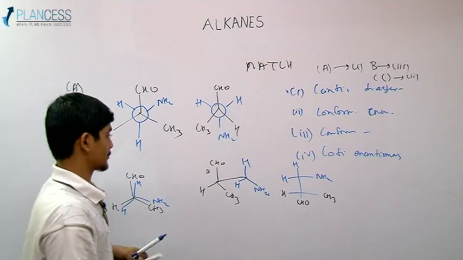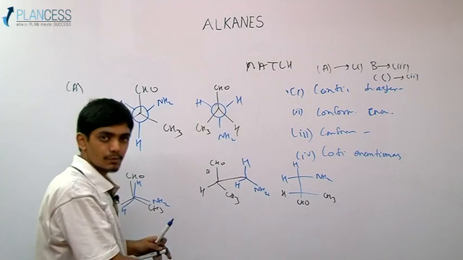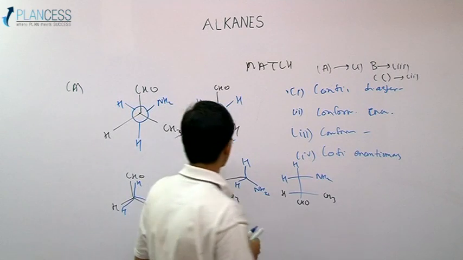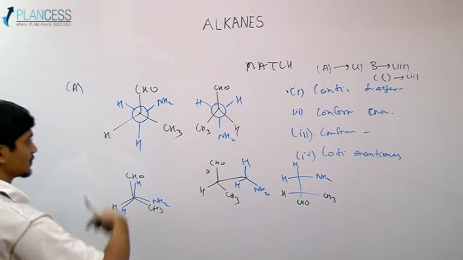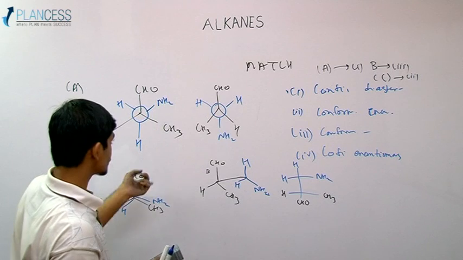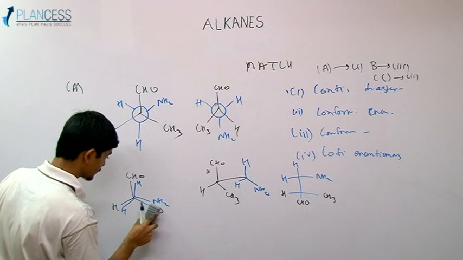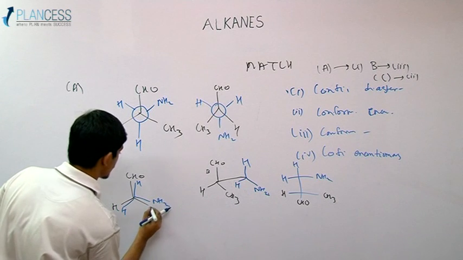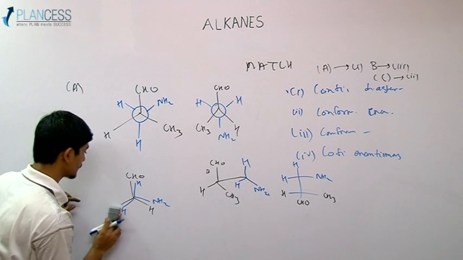Fischer projection, as we know, is a planar projection, so we just compress the molecule. Now we need to write the Fischer projection for the other one. So CHO, H, and CH3 are just opposite, so we will just put this H over here and CH3 over here.